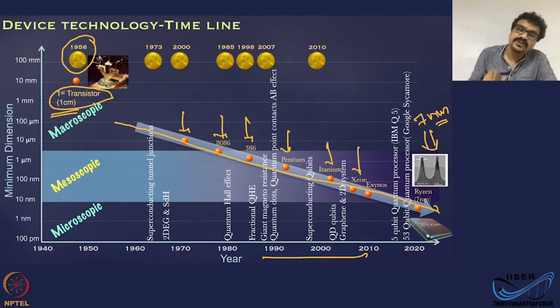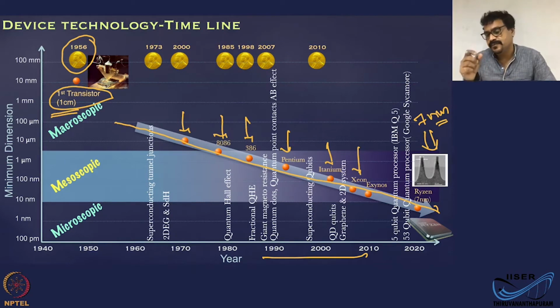When I say 7 nanometer, what that means is the smallest repeating dimension inside it. It could be the size of the gate or the size of the channel. I will get into detail on what we mean by channel in a minute. We started with something 1 centimeter and reached something of the size of 7 nanometer.